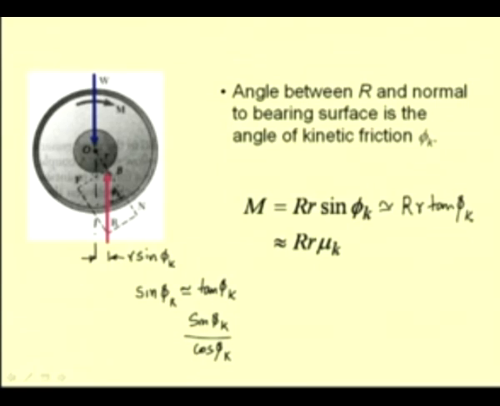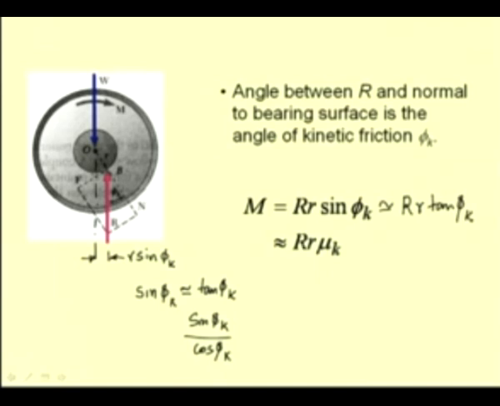And we know that tan phi k is nothing but the coefficient of kinetic friction, and so we replace this by mu k, and we see that this moment M is equal to R times small r mu k, where R is the reaction force which is equal to the weight W, small r is the radius of the axle, and mu k is the coefficient of kinetic friction that exists between the axle and the bearing block.